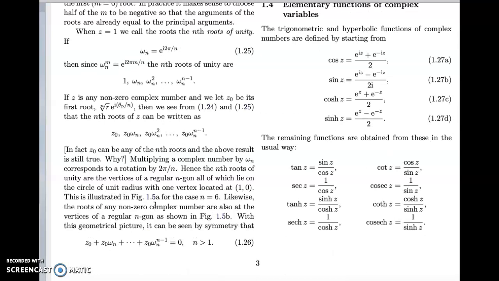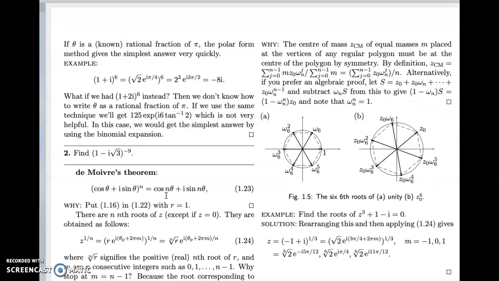So the nth roots of unity end up being vertices on a regular polygon, or n-gon, all of which lie on a circle of unit radius with one vertex located at (1, 0). That's illustrated here.